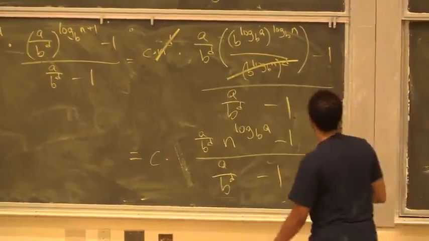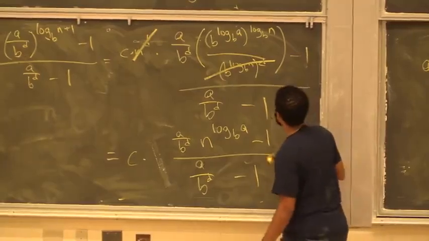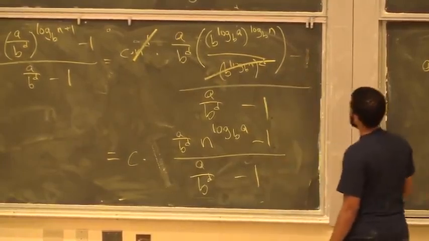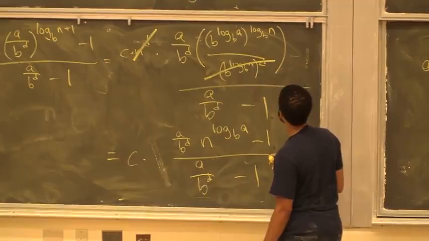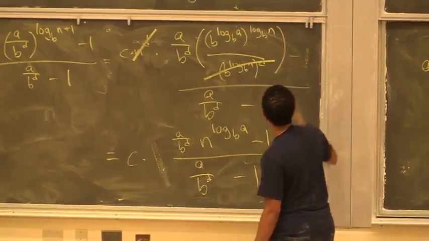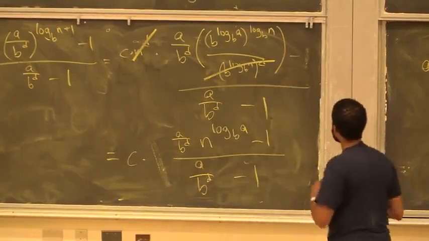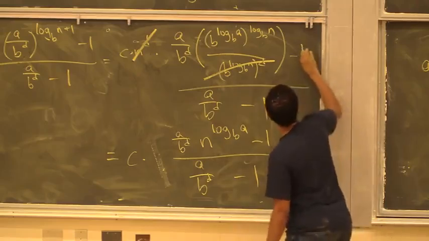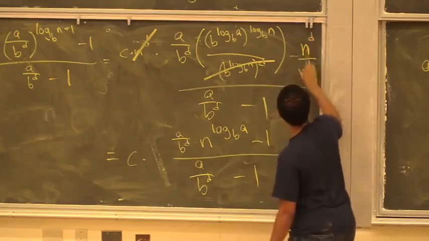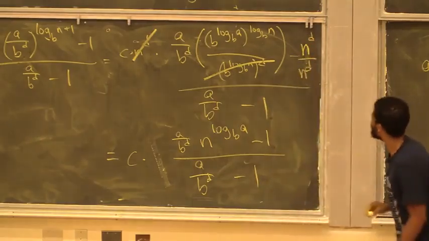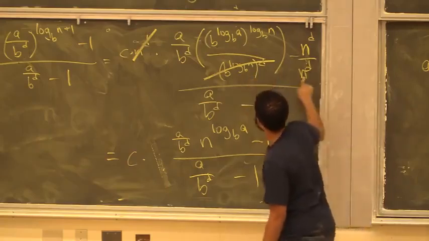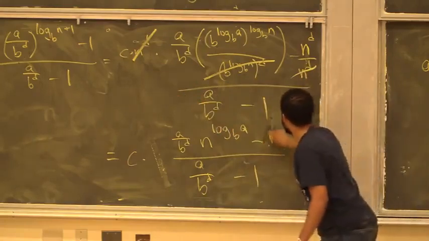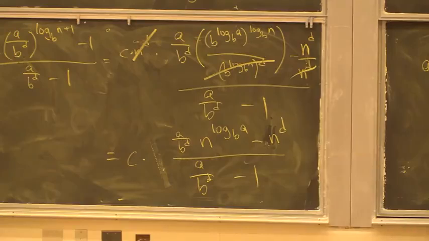So actually, okay, I can write this as n to the d over n to the d. Yeah, good. Let's just do a quick fix. So this is n to the d, that's n to the d, that's n to the d. So that also cancels. So this is n to the d. Okay, good. Yes, thank you.